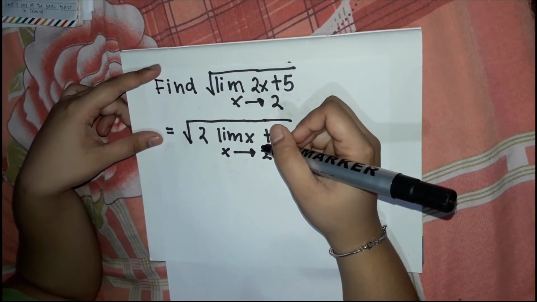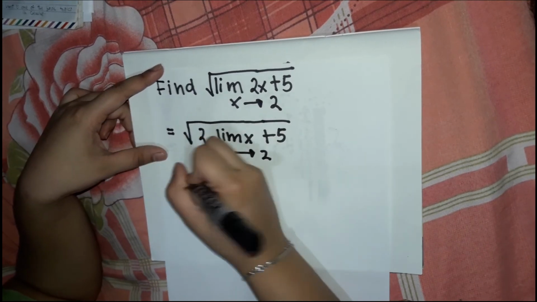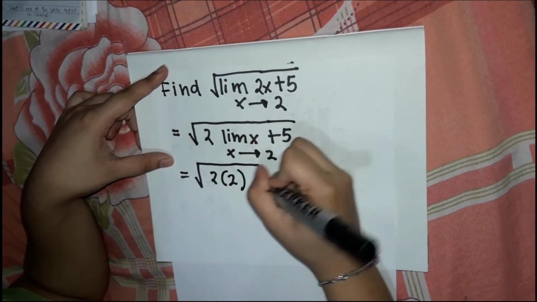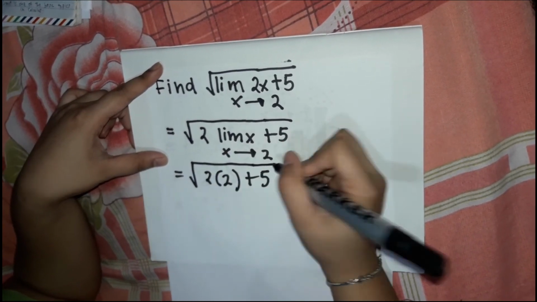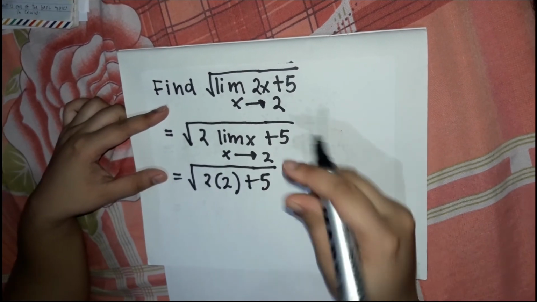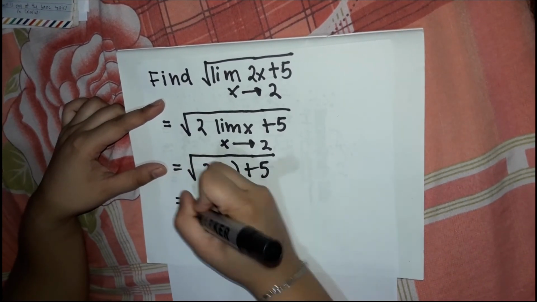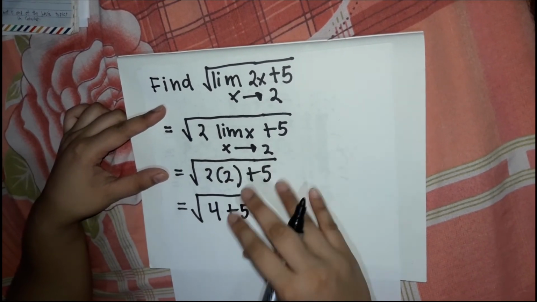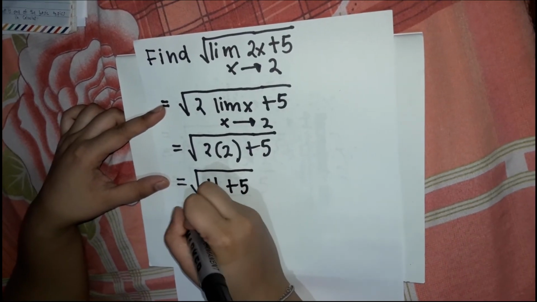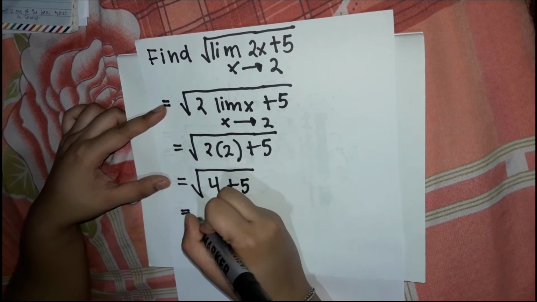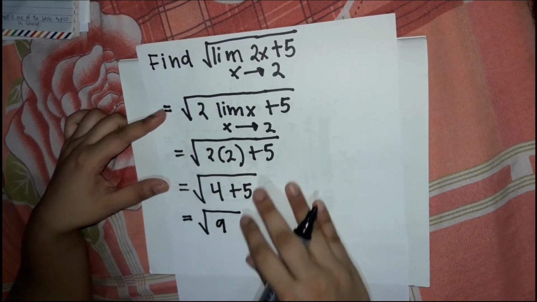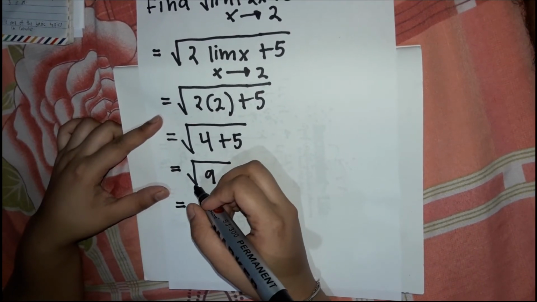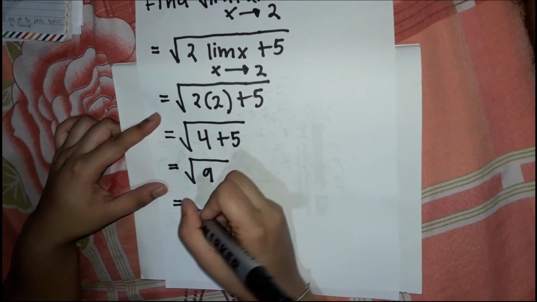Then we substitute and add 5. We get its square root. So the final answer is the limit of the square root of 2x plus 5 as x approaches 2 is 3.